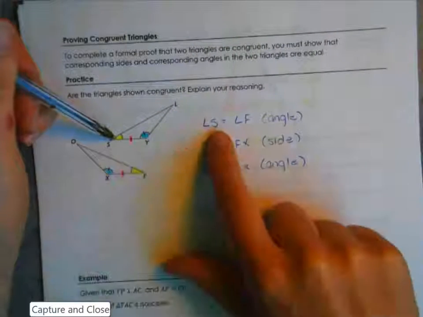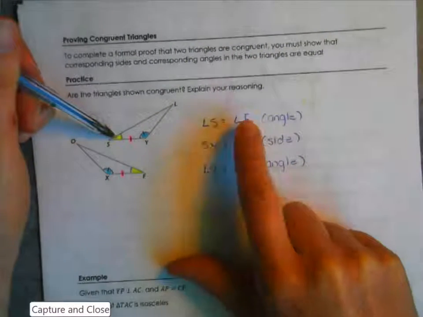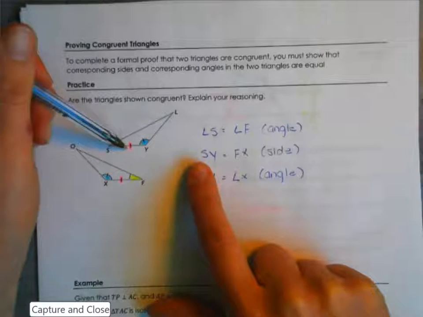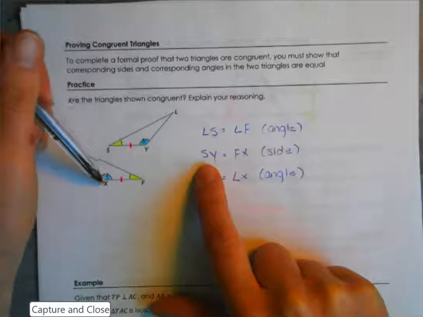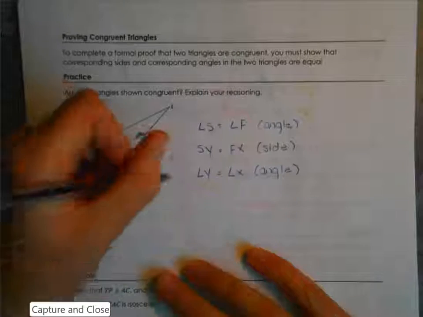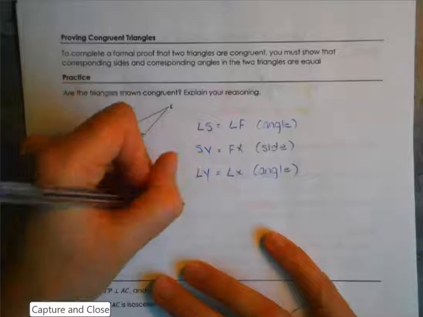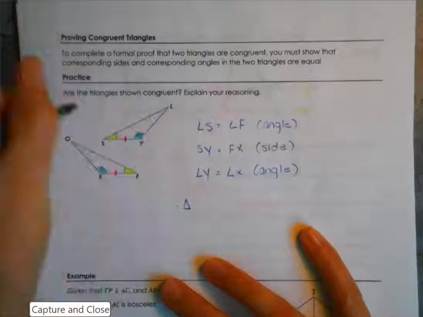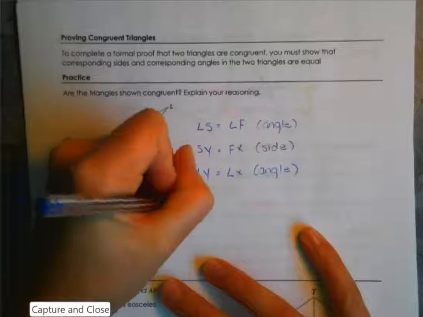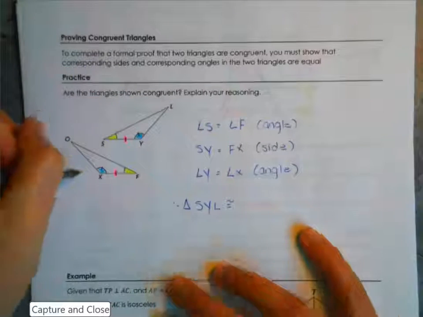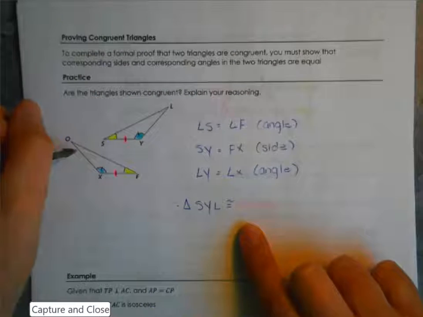So if I started by comparing an angle in this triangle to an angle in that triangle, then I want to do that for the sides as well, starting with this one, comparing to that one, just for consistency's sake. Okay, and so because we have those equal sides and angles, we can say, therefore, triangle SYL is congruent to, so remember that little sign, triangle FXO.